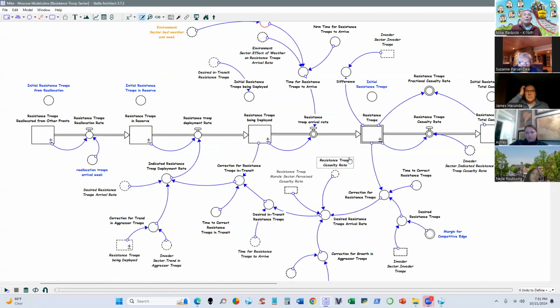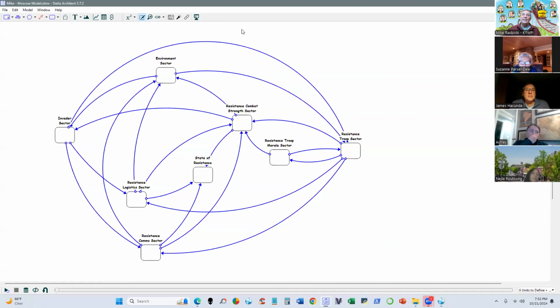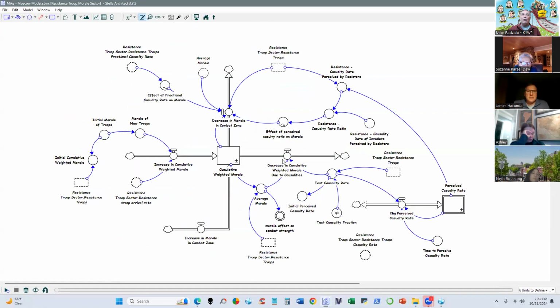Oh yeah. So remember I said to her, you've got an ordering function thing here. And she was like, what? So we've got resistance troops being deployed, resistance troops in reserve, resistance troops reallocated from other fronts. And then they go into their casualties. They're off the battlefield, and she's got all the ordering function stuff in here. What I was going to do is show you the coflow structure here.